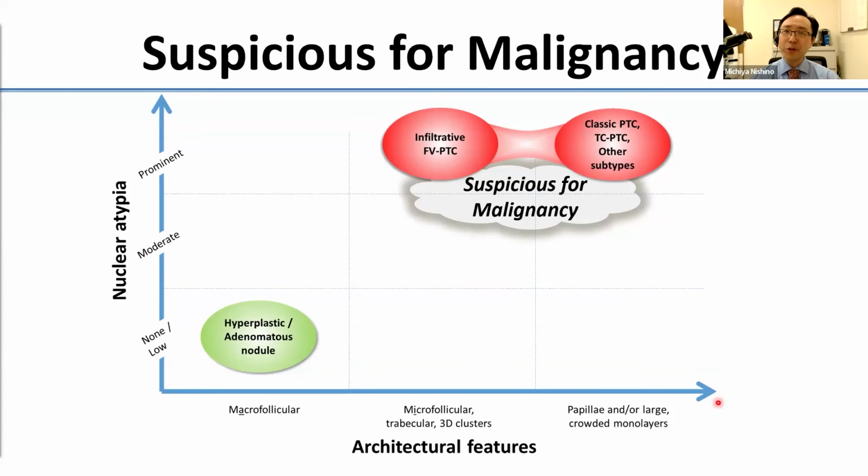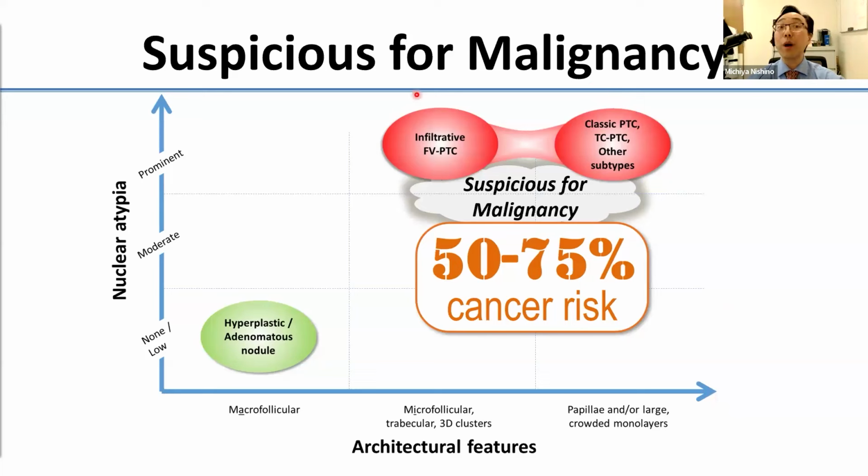And that might be another reason why we use the suspicious for malignancy category instead. Altogether, aspirates that we place in this category have an up to 75% probability of malignancy compared to the near 100% probability of malignancy for those aspirates we place in the malignant category. So far, so good, right?